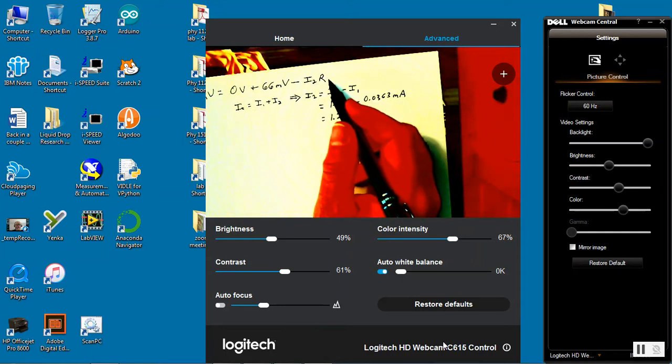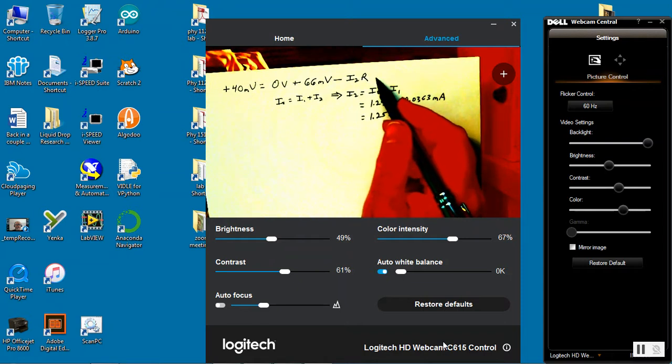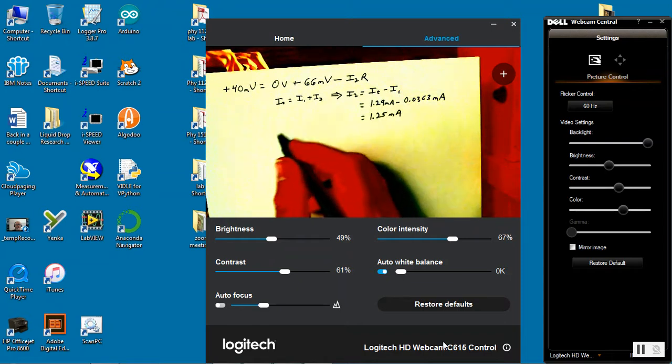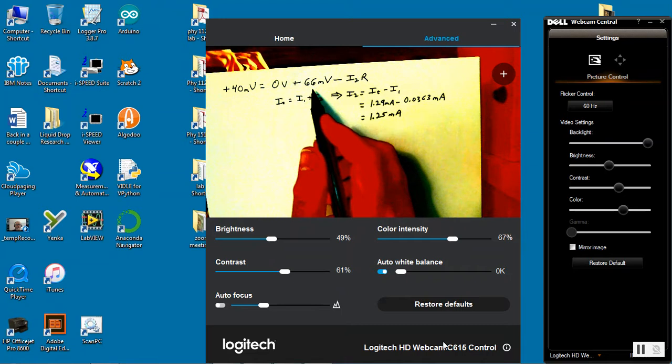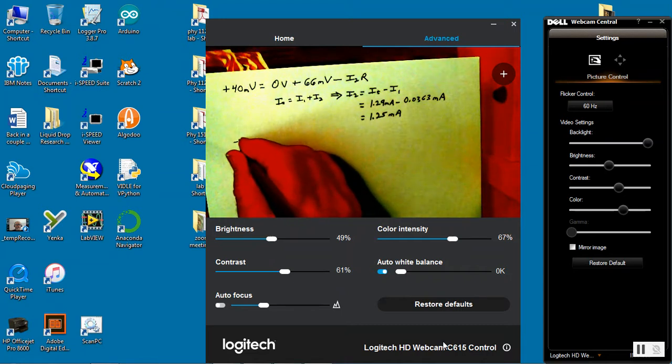Okay, so up here, I want to know what R is. I'm going to subtract the 66 millivolts from both sides, so this will be a negative 26 on the left.